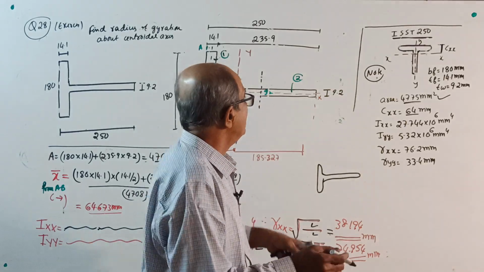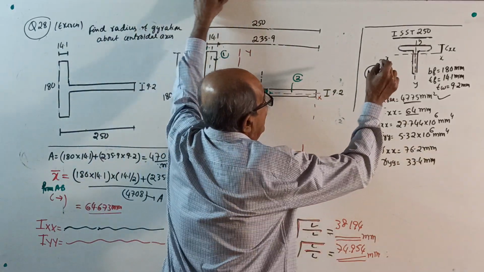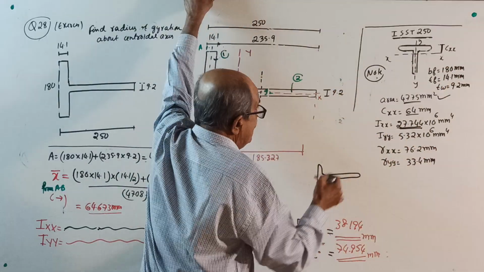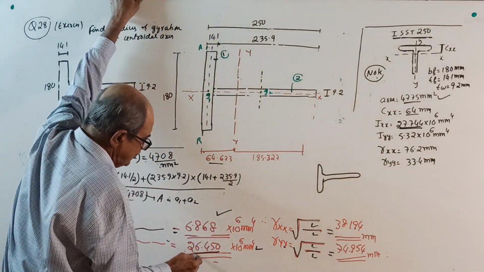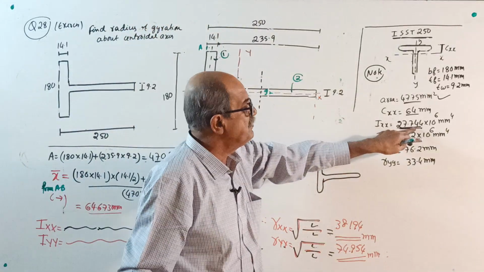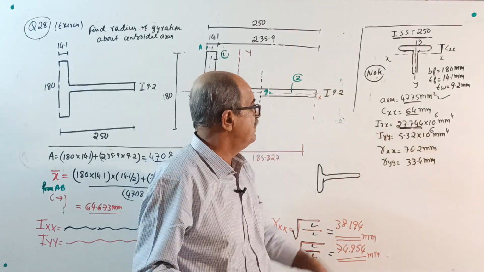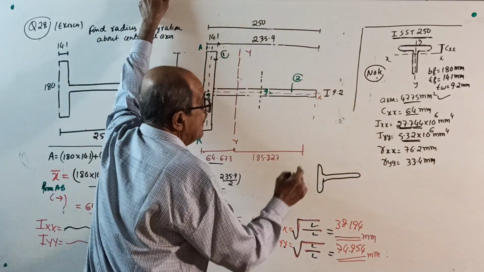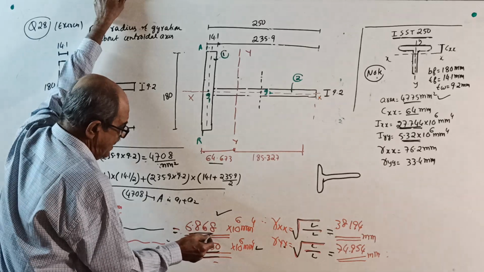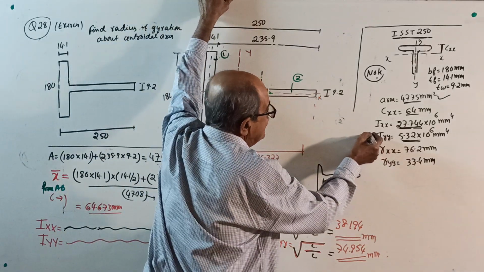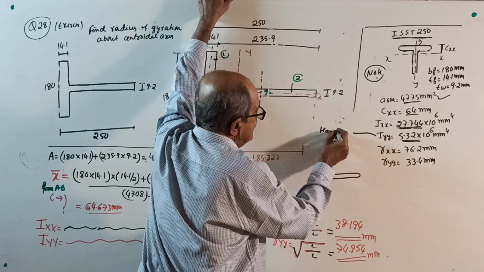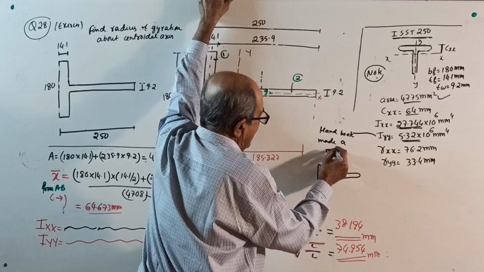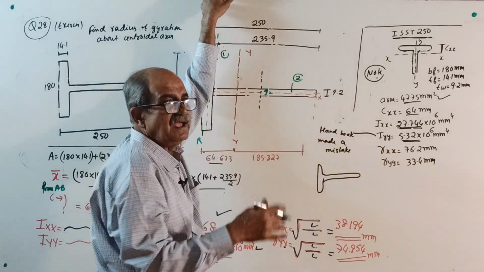They told I about XX is 27.744. That IXX is our IYY. Yes, 26.45 you got, they told 27.7, a very minute difference. And IYY they told 5.32, but that IYY is our IXX, which is 6.86. Actually, I think the handbook made a mistake.